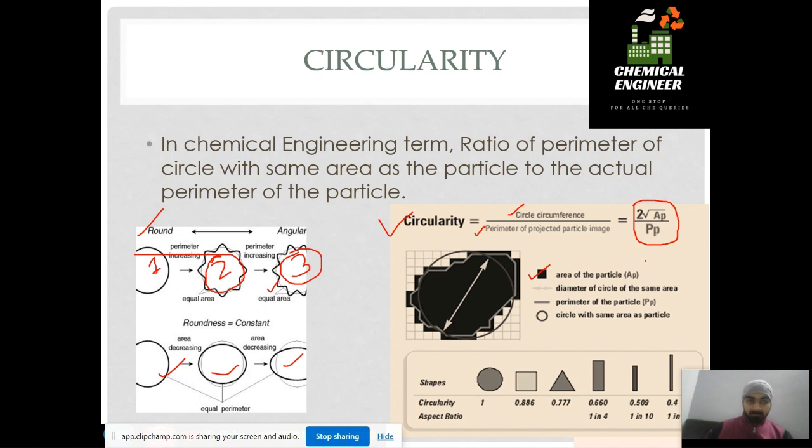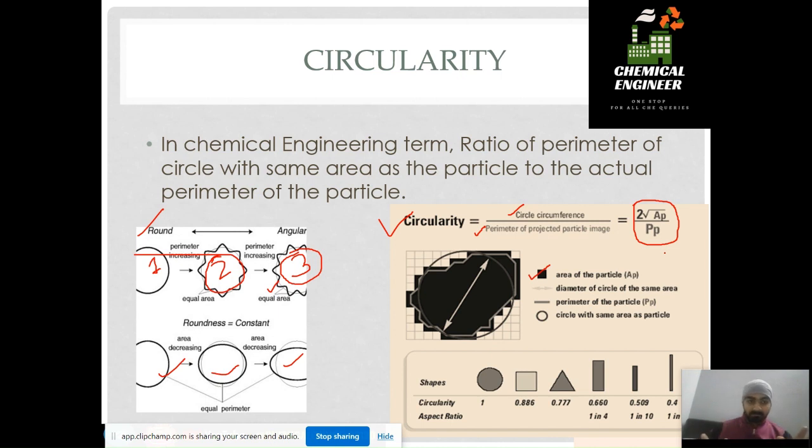You know the area of the particle, so area of particle divided by pi, that is 3.14, and taking a root of that will give you the radius of the circle. By that, please make a circle.